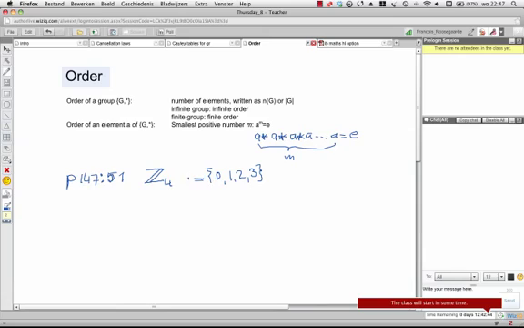Now what I want is this set but without the 0. So I take the 0 out and I end up with the set 1, 2 and 3. And the operation star is defined as multiplication modulo 4.